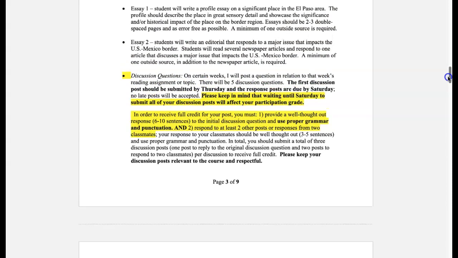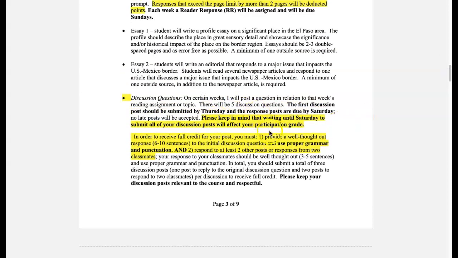So moving back here, we do have discussion questions, not every week, but on specific weeks. And basically there's going to be 5 discussion questions, and they are all due on Saturdays. However, your first post, which is the post replying to me, the original discussion question, should be submitted by Thursday.